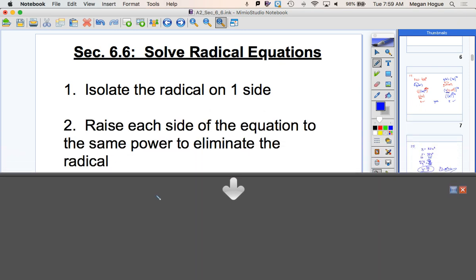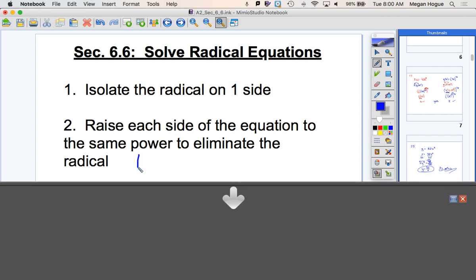Then you're going to raise each side of the equation to the same power to eliminate the radical. And the power will equal the index.